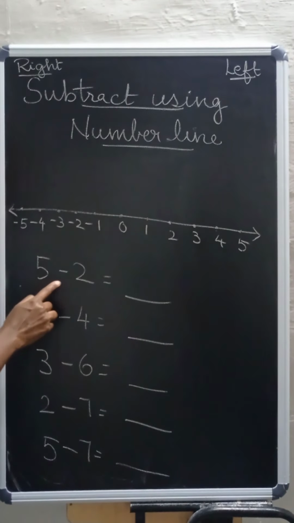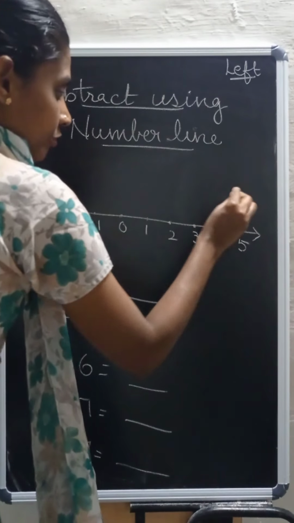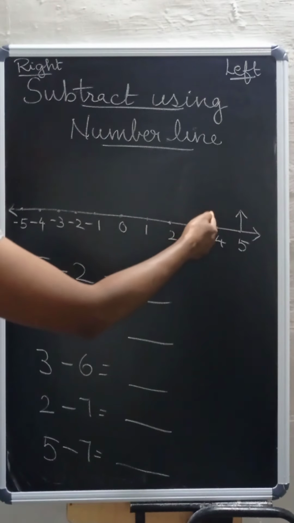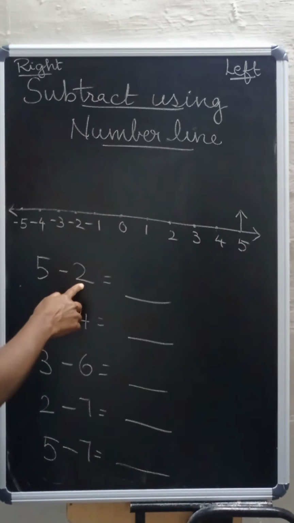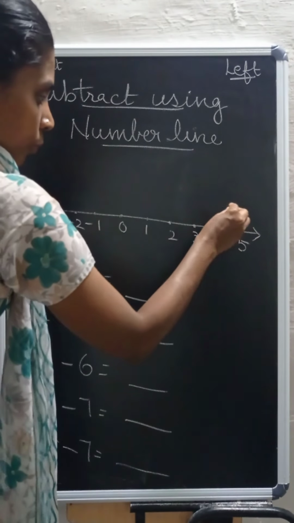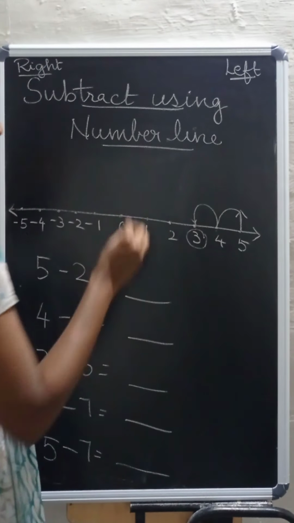First sum, 5 minus 2. So I am standing on 5. So minus means I should move to the right of the board. Minus 2. 2 steps to the right of the board. So from 5, 1, 2. I come and stand at 3.